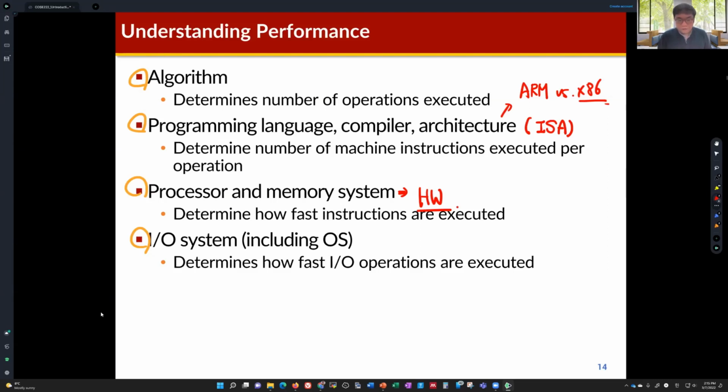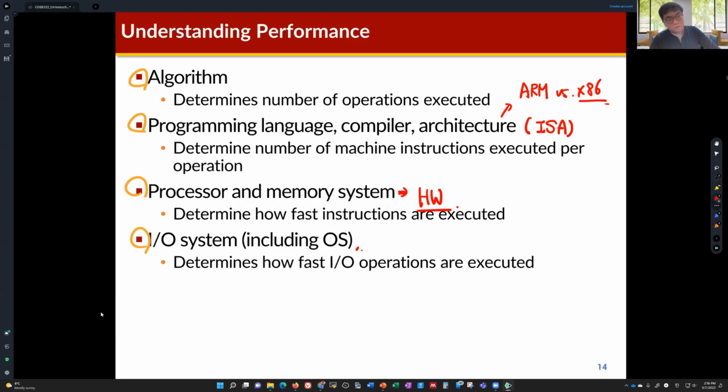And then the I/O system. What is the I/O system? I/O means input and output. So actually, our computer systems are connected to the outside world. Okay, so I explained that the CPUs or processors are the brains of computer systems, but our computer systems are also connected to the outer world or real world via input and output interfaces.